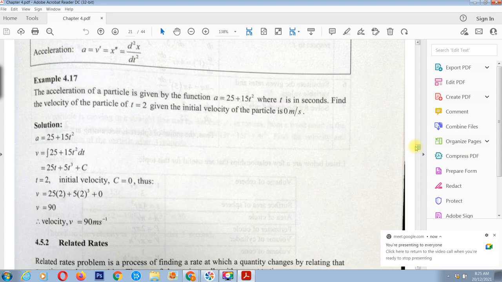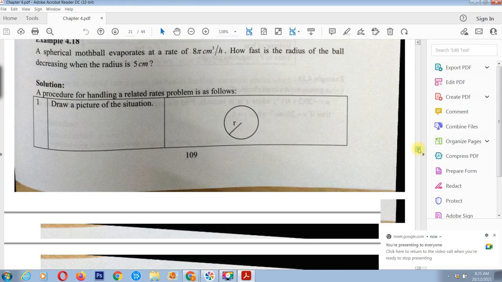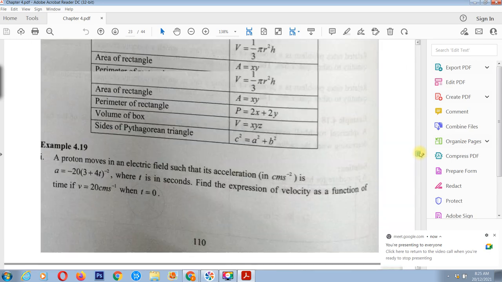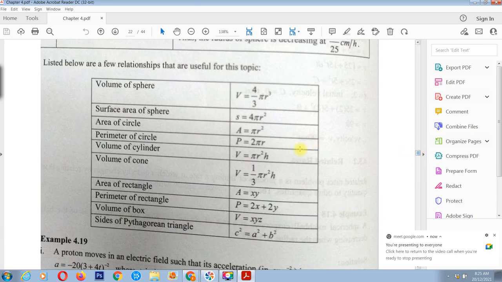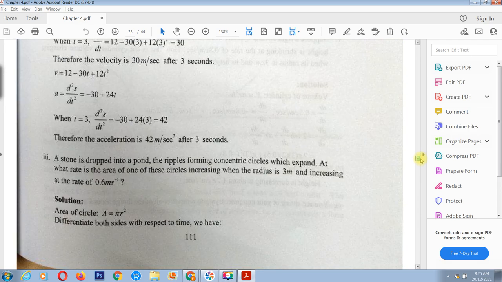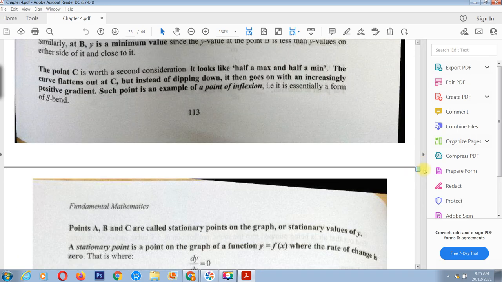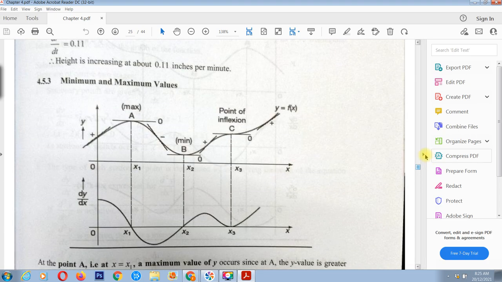Okay, and then related rates. If we have area, we have volume, how can we relate the volume to the time? Area, volume, and the Pythagoras triangle. Okay, and then we have the minimum and maximum point value.